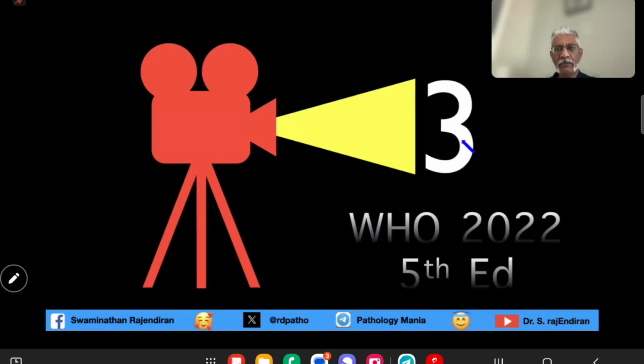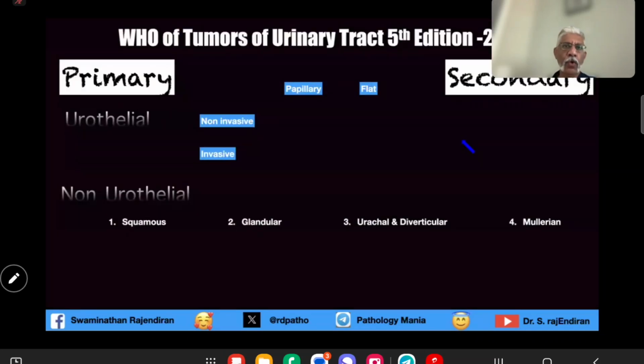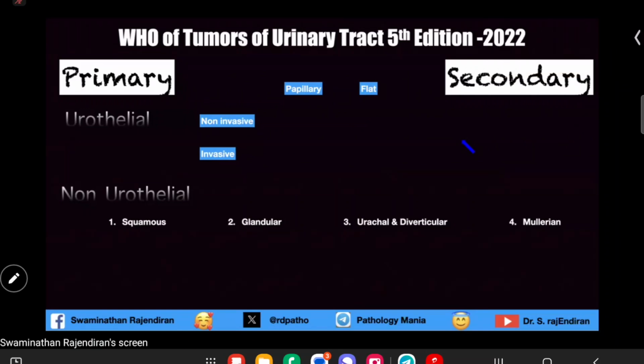Coming to the WHO classification, 5th edition Blue Book 2022, the urinary tract tumors are mainly divided into primary and secondary. In the primary, it is urothelial and non-urothelial. In the urothelial, it can be papillary or flat, non-invasive or invasive. And non-urothelial can be squamous cell carcinoma, glandular carcinoma, urachal and diverticular lesions, and Mullerian lesions.